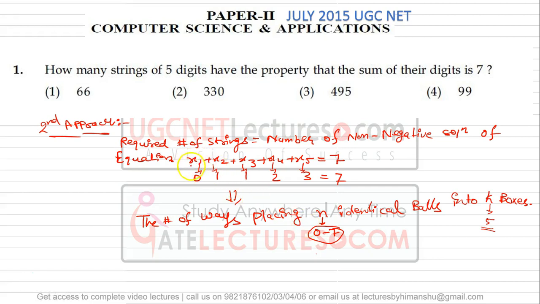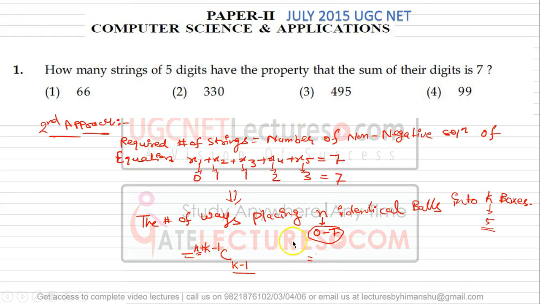So you can put 0 to 7 balls here and then 0 to 6 here. Like this, the number of ways of placing n identical balls into k boxes is n plus k minus 1 c k minus 1. K are the boxes and n are the identical balls.